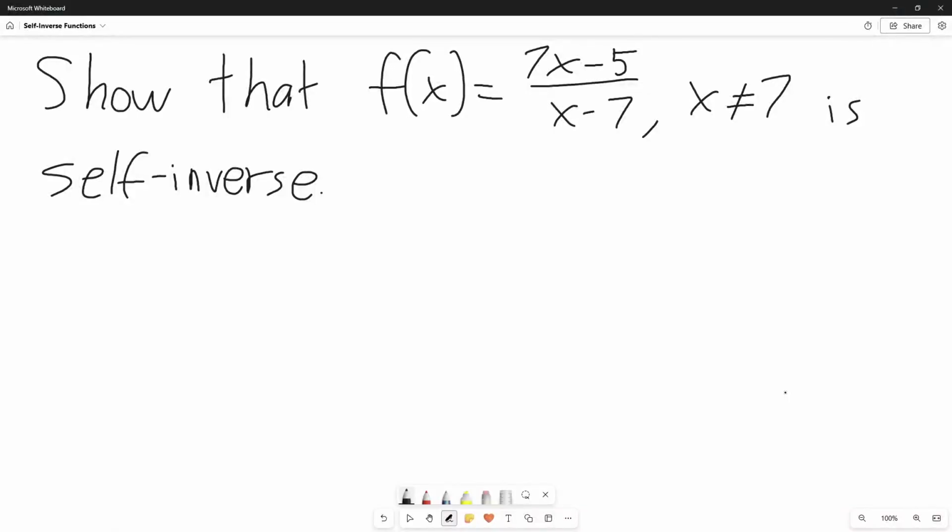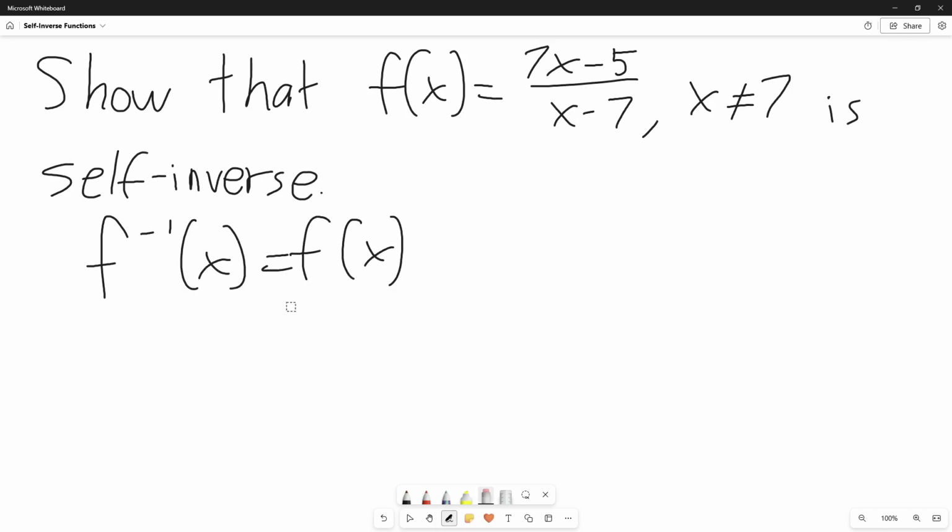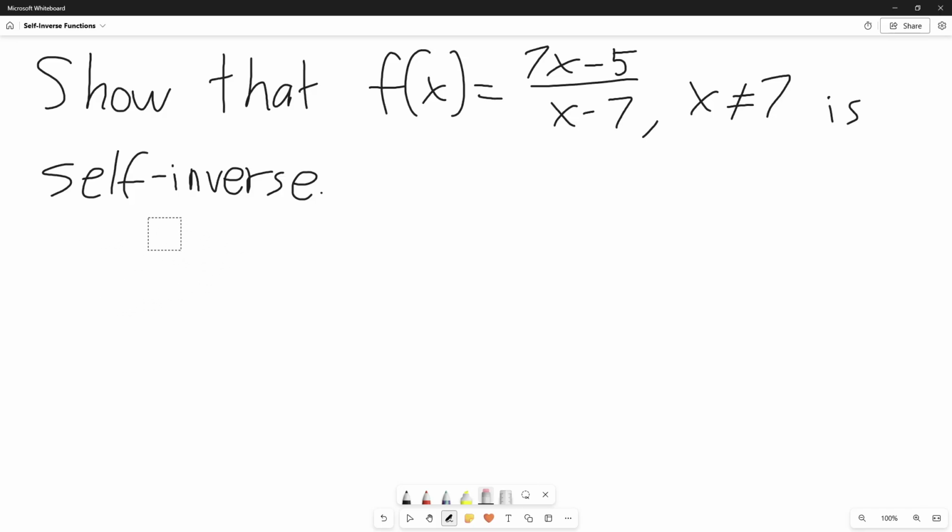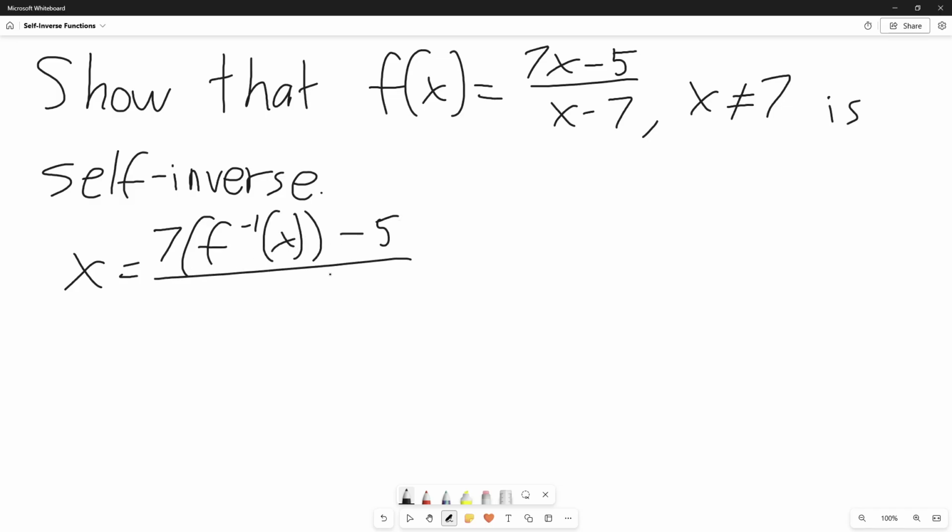And now I'll do the method where you prove the second condition, which is that f inverse of x is equal to f of x. And first we need to find the inverse of f of x, and for that we can just flip around the f of x and the x. So we just write x equals 7 times f inverse of x minus 5 all over f inverse of x minus 7.